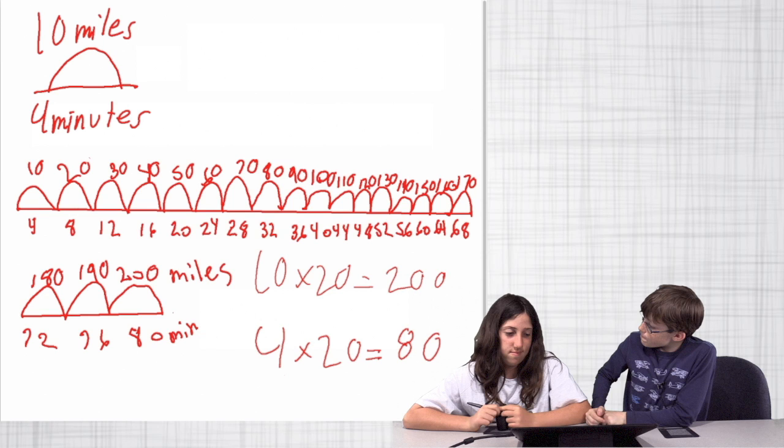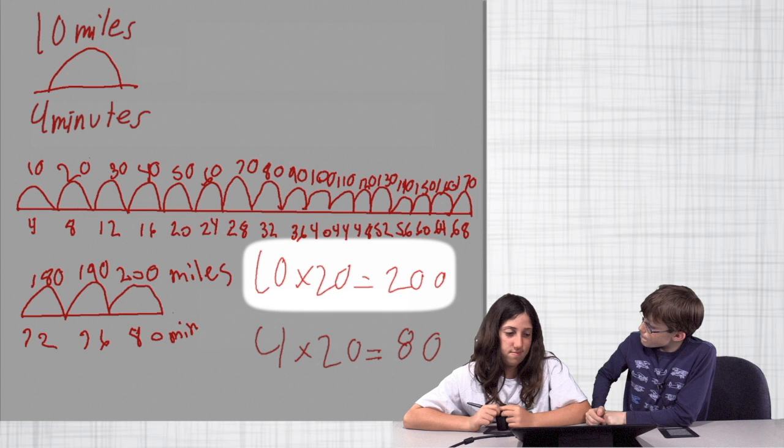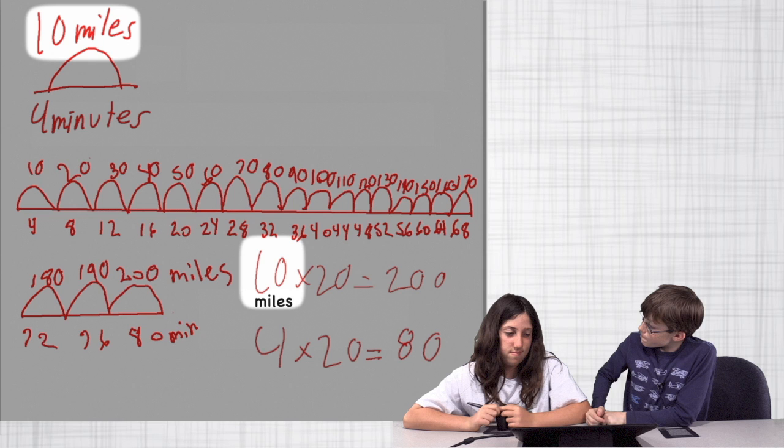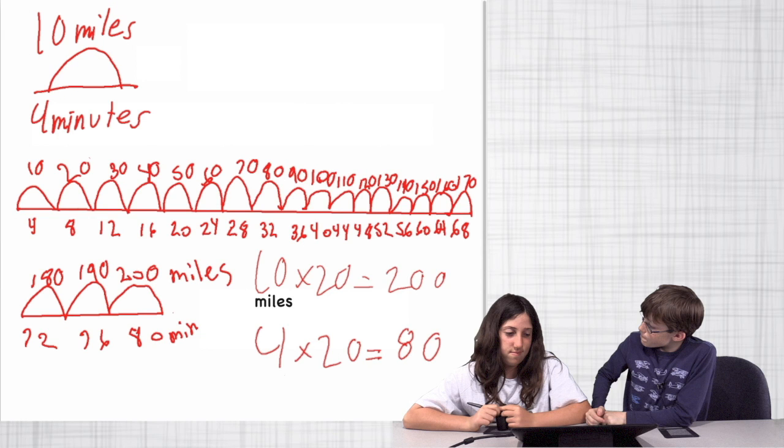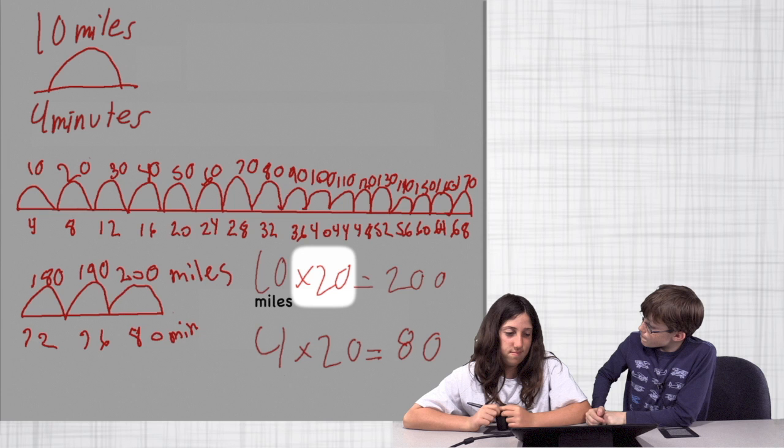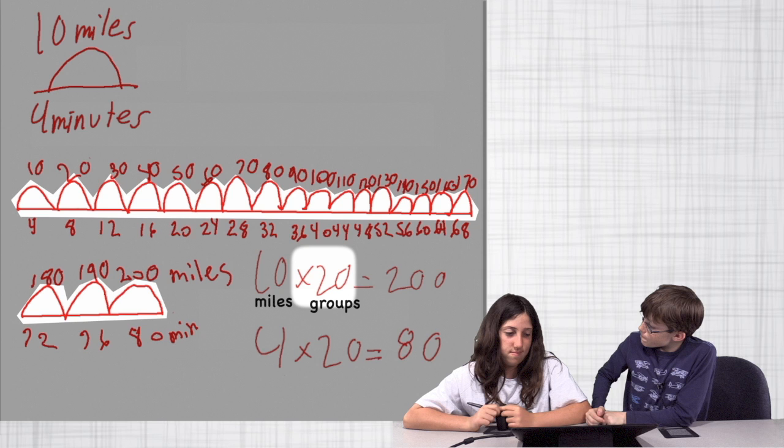Kate and Christopher also figured out what each number and symbol in the equation 10 multiplied by 20 equals 200 means in the racing context and in their diagram. The 10 in their equation stands for the 10 miles that the blue car travels in each little trip. The multiplication of 10 by 20 means there are 20 groups of 10 miles.